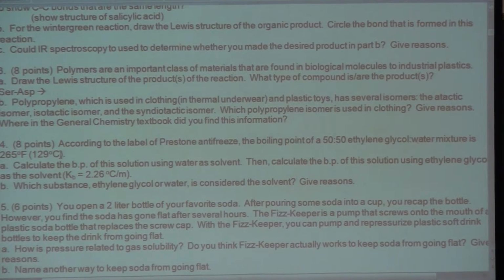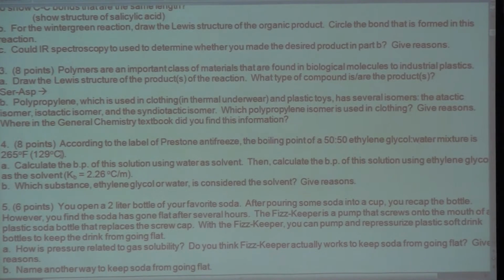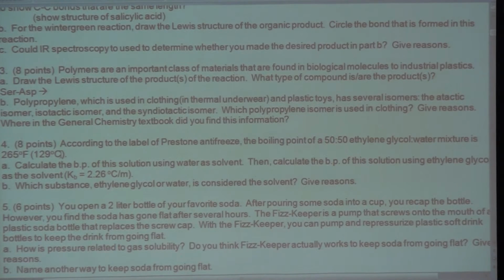So based on our colligative property of boiling point elevation, the boiling point of the solution should be greater than the boiling point of the solvent. So note that this temperature here is greater than the boiling point of water as a solvent. It's less than the boiling point of ethylene glycol as a solvent. Therefore, the substance which must be considered the solvent is the water. Okay, based on that boiling point elevation principle.